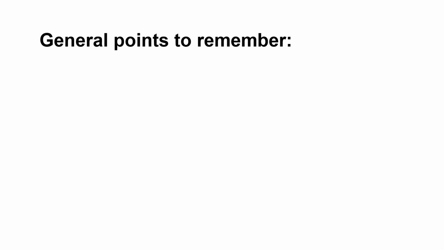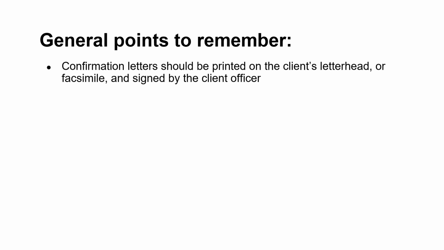Let's now reflect on some general points to remember when it comes to confirmation, such as, for example, have you ever wondered whose stationery or letterhead we will use when we write the confirmation request and who signs it? So here are some general points to remember. The confirmation letter should be printed on the client's letterhead or the client's facsimile or email and signed by the client officer, not the auditor.